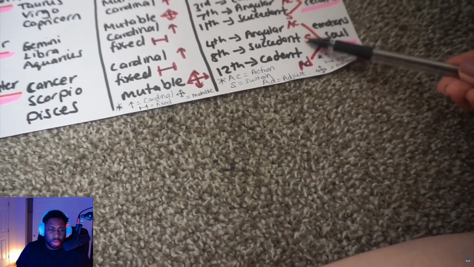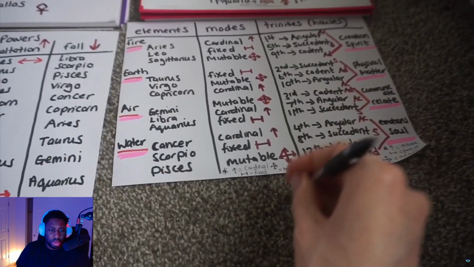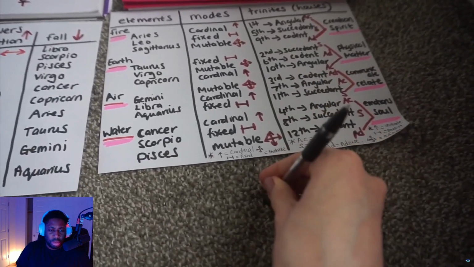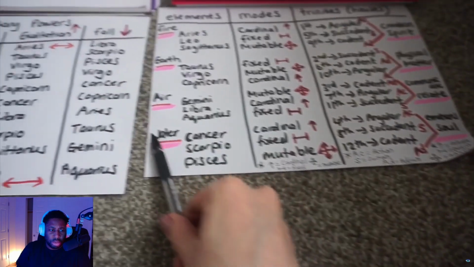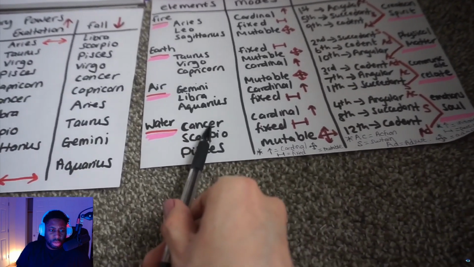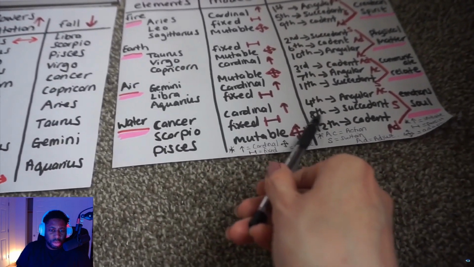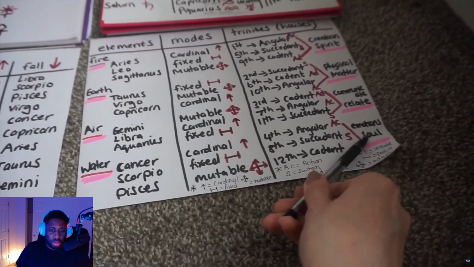We see this S, and the S means sustain. But what we ultimately notice is that moon in Cancer in the 8th house is very much water based, because here's Cancer, 8th house, and it's to do with this trinity, emotions and the soul.